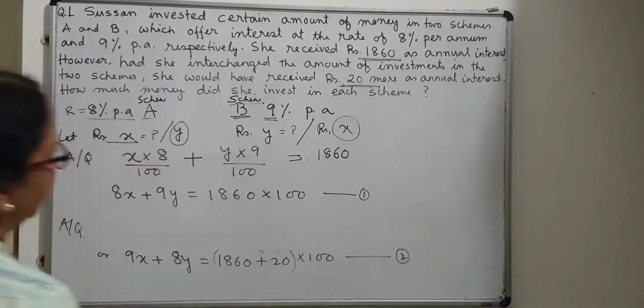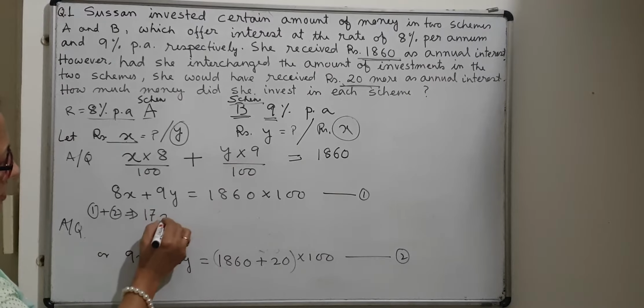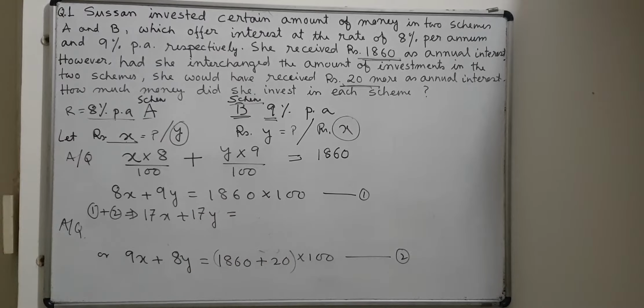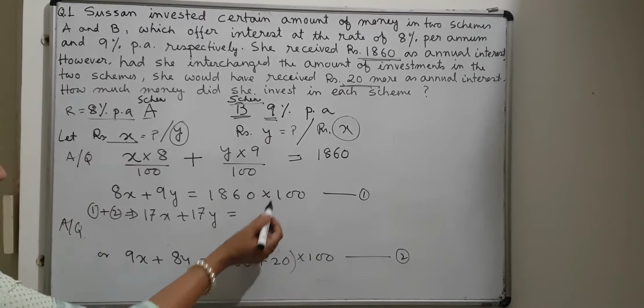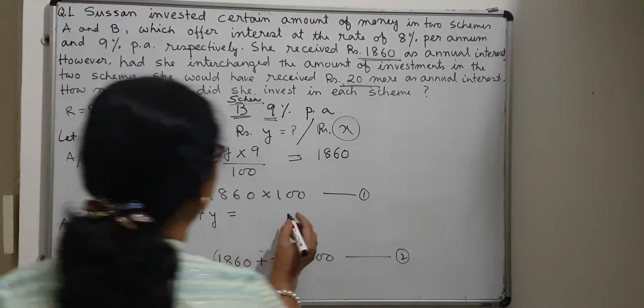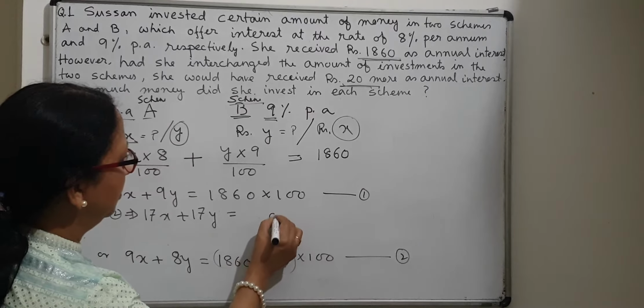First we will add these two, 1 plus 2. 8 plus 9 is 17, so 17x plus 17y is equal to this plus this. Yes, we can write it this way. Double of this is 0.